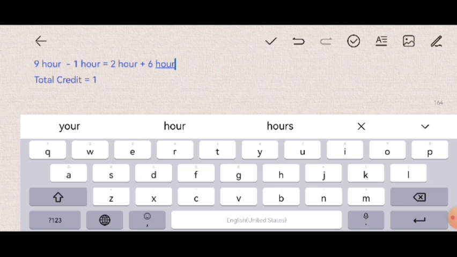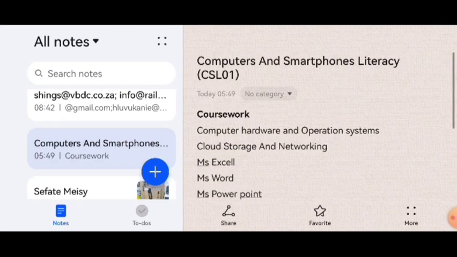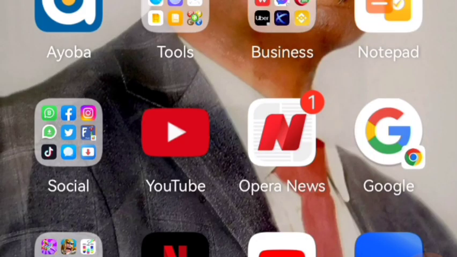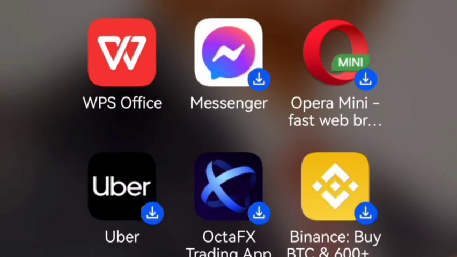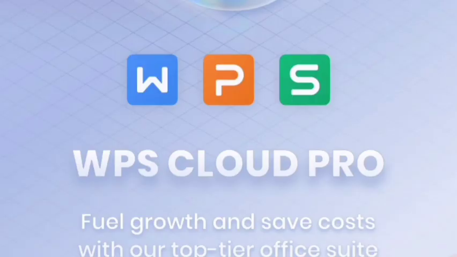I sent you this credit calculation form. Let's see how one can use it to work out the credit value of that particular subject. Let's open the document.